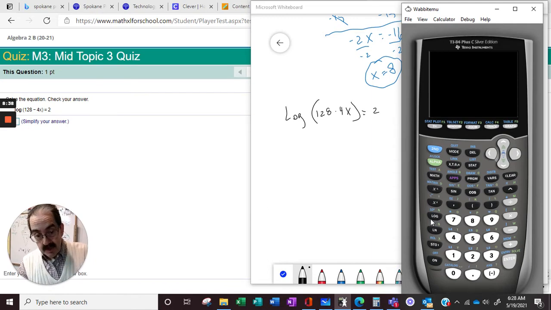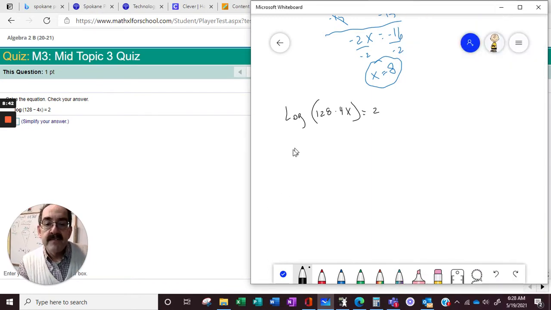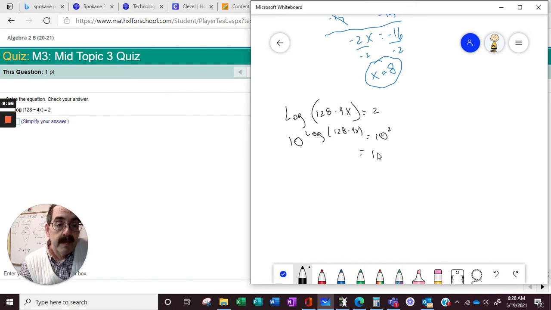To undo a log, raise everything to the power of 10. So 10 raised to the 128 minus 4x equals 10 to the 2 power. Cool, got it. 10 to the 2 power is nothing more than 100.